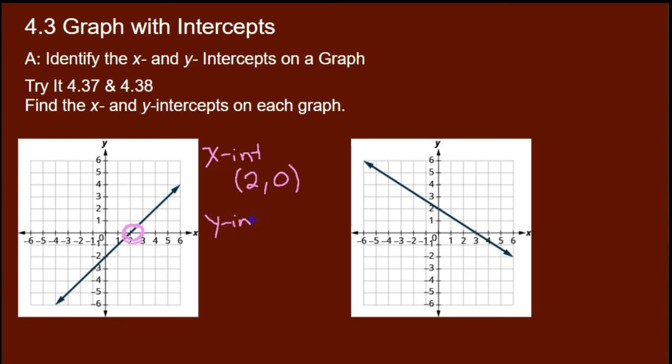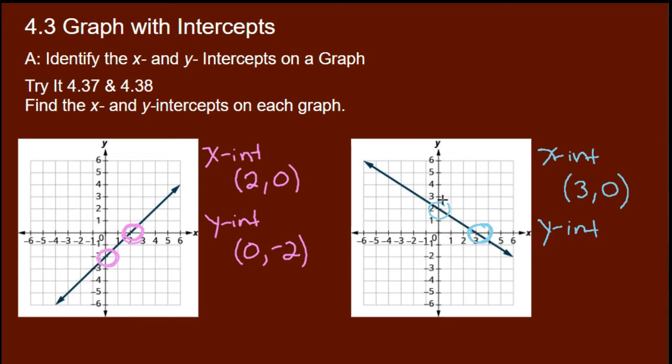The y-intercept crosses the y-axis at -2, so the ordered pair is (0, -2). And the graph on the right, the x-intercept is at +3, so it's (3, 0), and the y-intercept is at +2, so it's (0, 2).